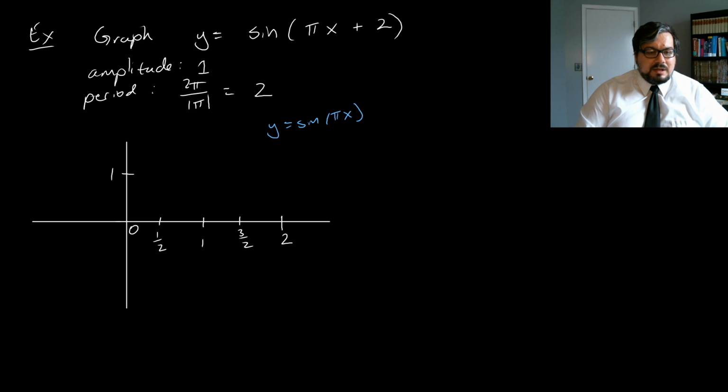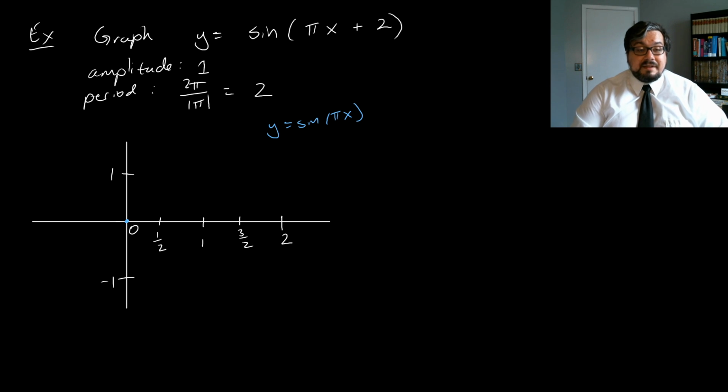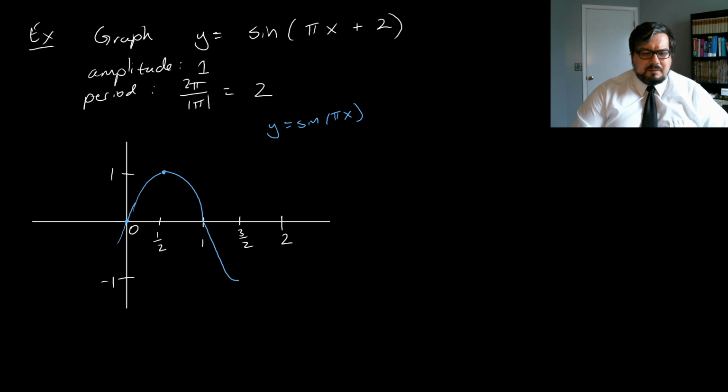It's got an amplitude of 1. And the leading coefficient, the leading a, is positive, which means that I'm going to do my normal thing of going up when I leave the origin. So I'm going to go up to 1, I'm going to go down to 0, back down to -1, and back up to 0. And that's one period of my function. So there's y equals sine pi x.